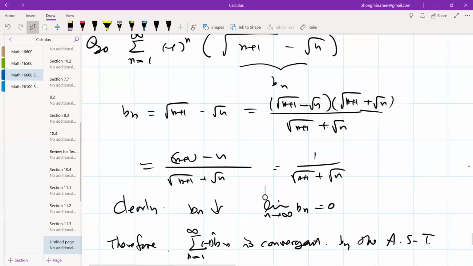Otherwise, more likely, it's going to be convergent. Use the alternating series test, and you just need a derivative to prove it's decreasing. Something like just a couple of lines. That's a note. Then next time when you review it, you can quickly catch the idea. You don't need to redo lots of problems.